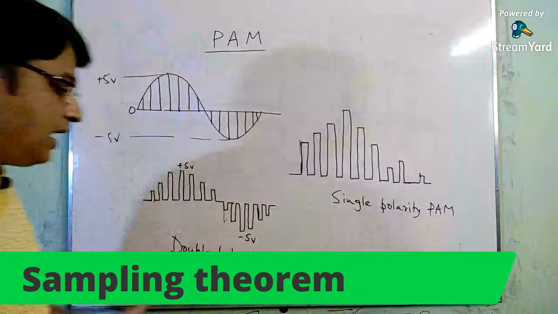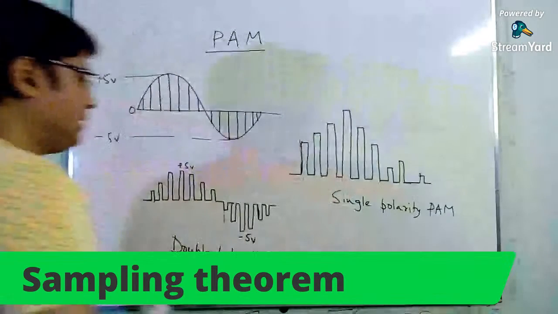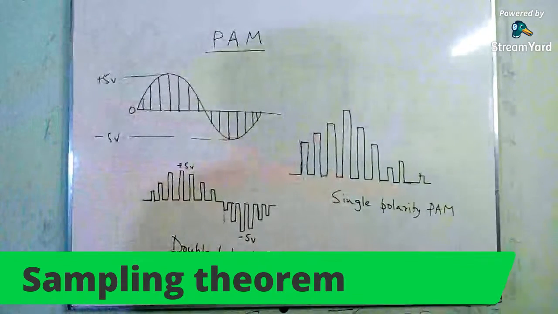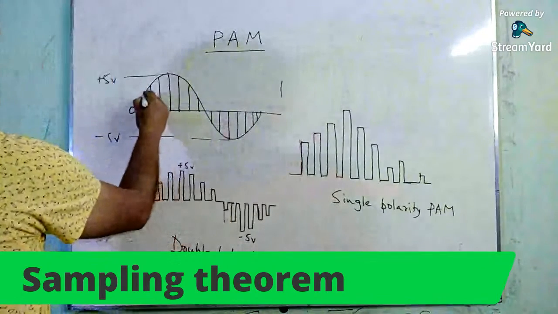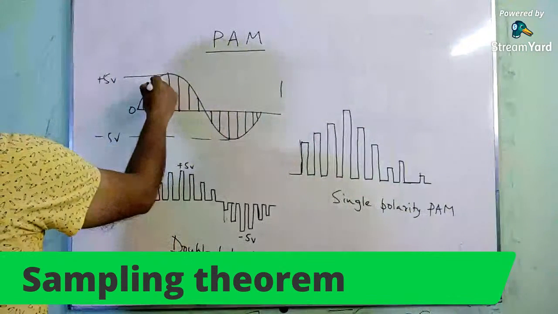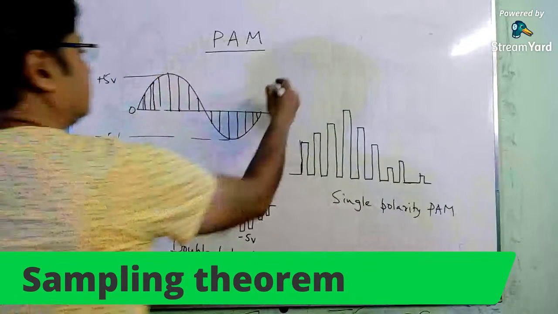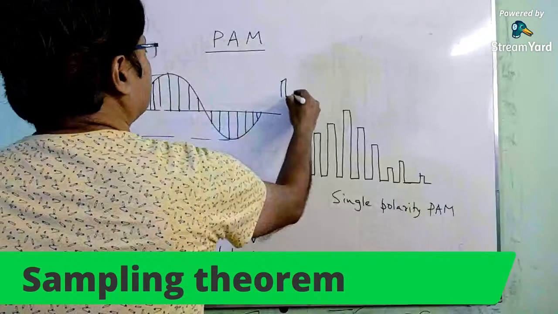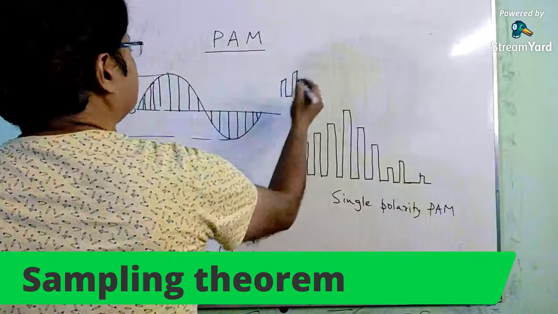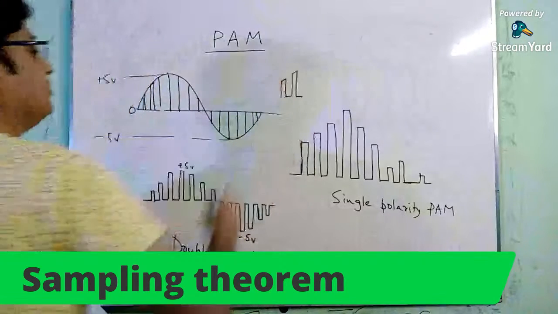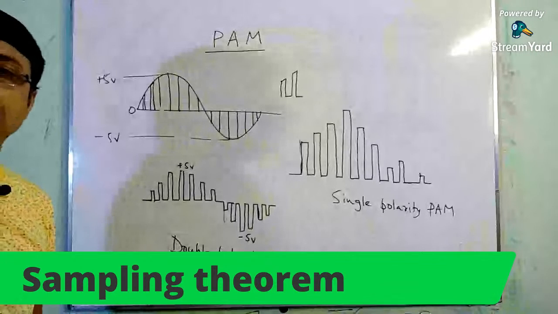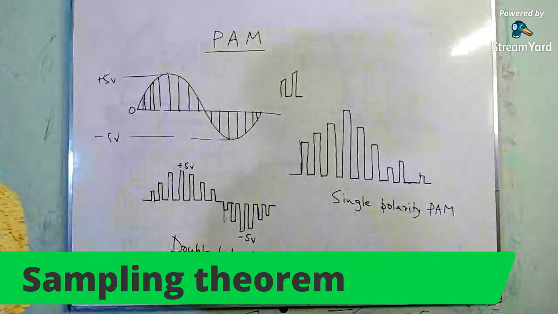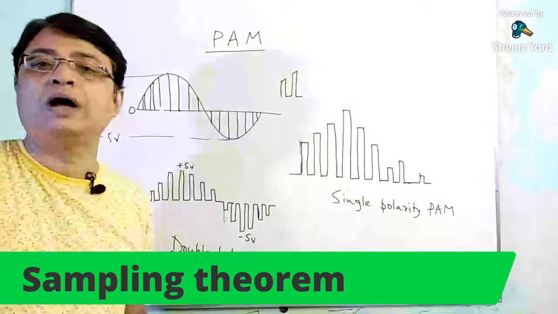You may find that whenever the value is sampled, it may take values like this, because if you sample at 5 seconds the value is 2 volts, and at 5.01 seconds the value changes to 2.1 volts.